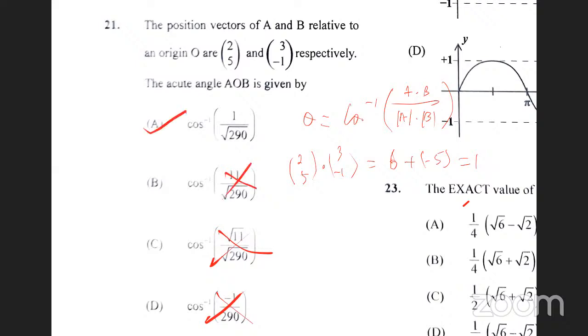It's the apple. If you were working it out, it would be 4 plus 25 is 29, by 10, root 29 on 10. So the answer is 1 over root 290.